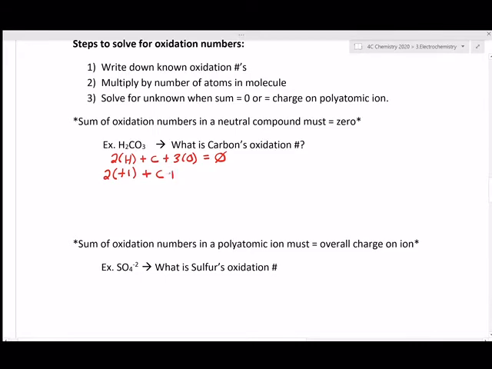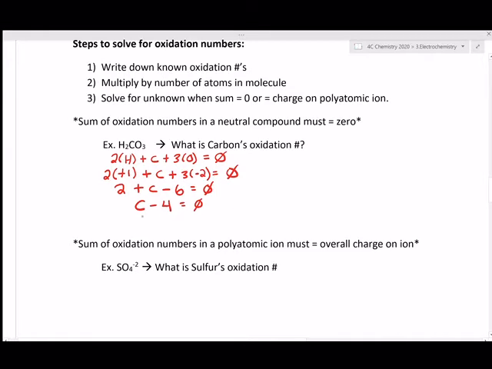Carbon is our mystery. Oxygen is always -2, equaling 0. So we've got 2 plus carbon subtract 6 is 0. And then 2 plus -6 is -4. So carbon subtract 4 is 0.